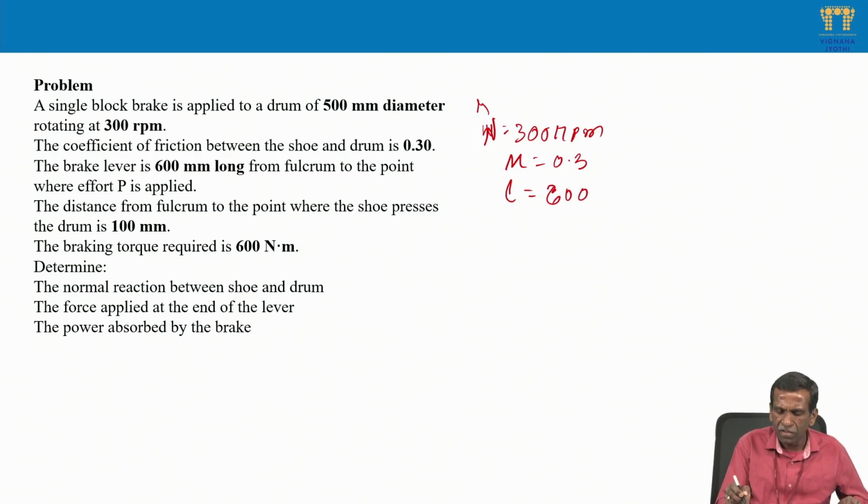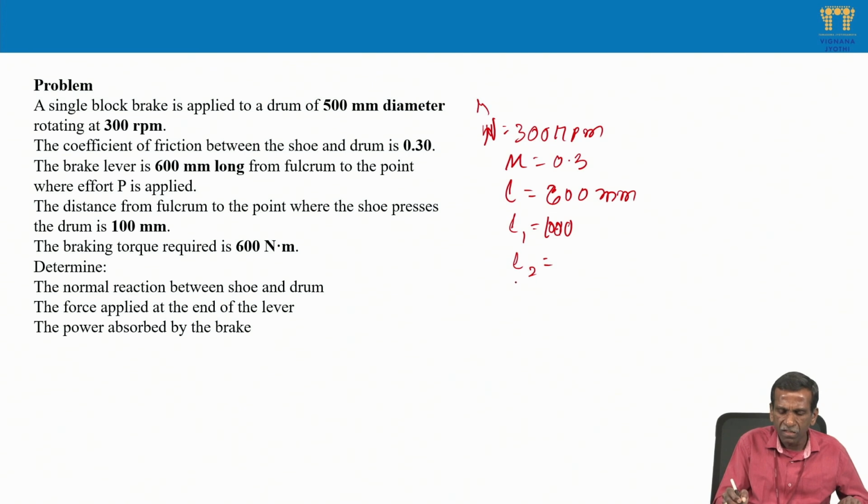The distance from the fulcrum to the point where the shoe presses is 100 mm. Here L1 is 0.1 meters or 100 mm, total is 600 mm, and obviously L2 is the remaining.